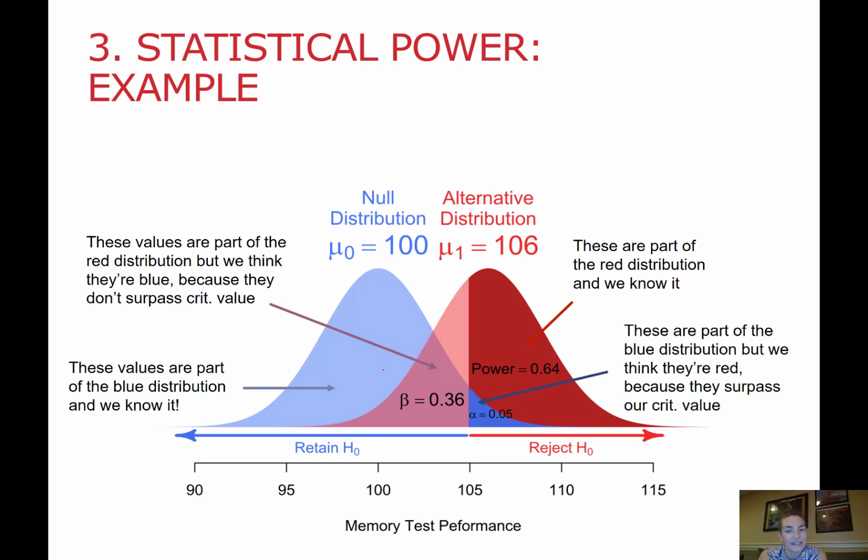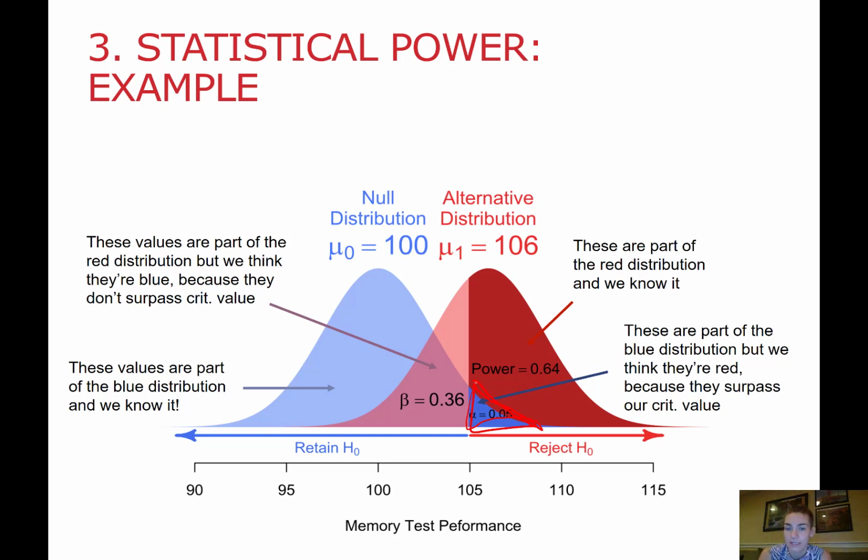And then importantly, there are also going to be sample values that fall out in this region here that are part of the blue distribution, but they're really rare on the blue distribution. In fact, they're so rare and unusual for the blue distribution that we think they're most likely going to be part of the red distribution.